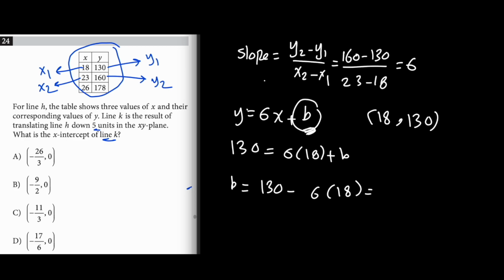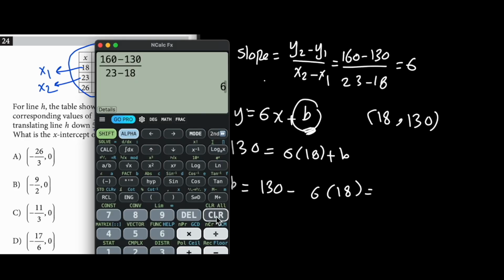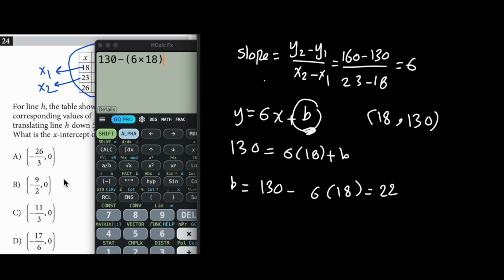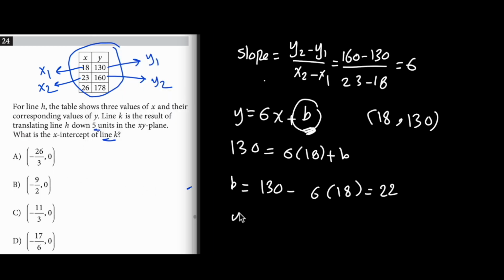Now we can use the calculator again. 130 minus 6 times 18 will be 22. So the equation of the straight line will be y equals 6x plus 22.